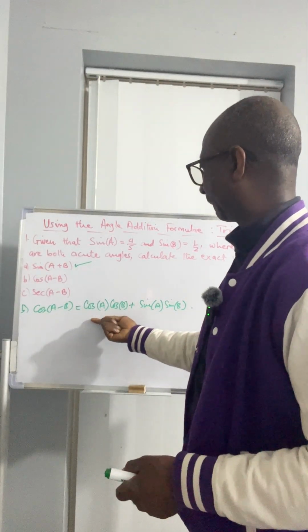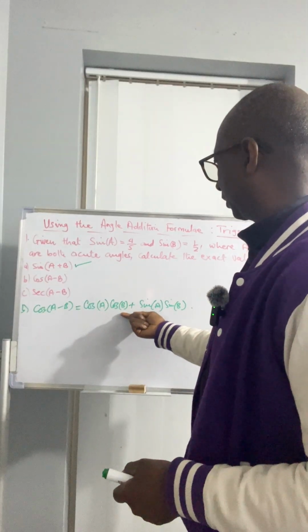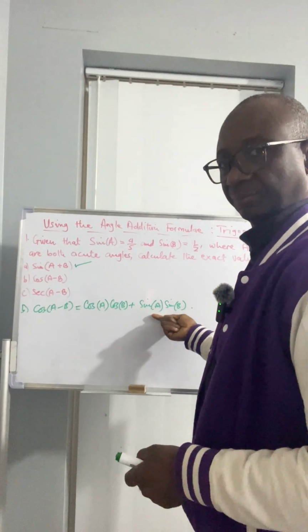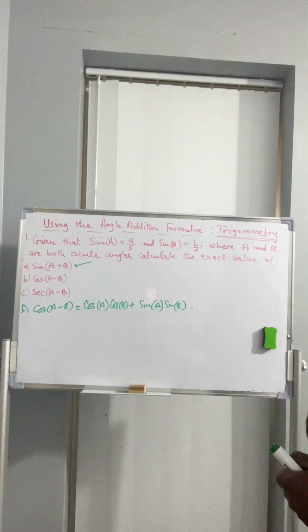Cos A cos B plus sine A sine B. Correct.